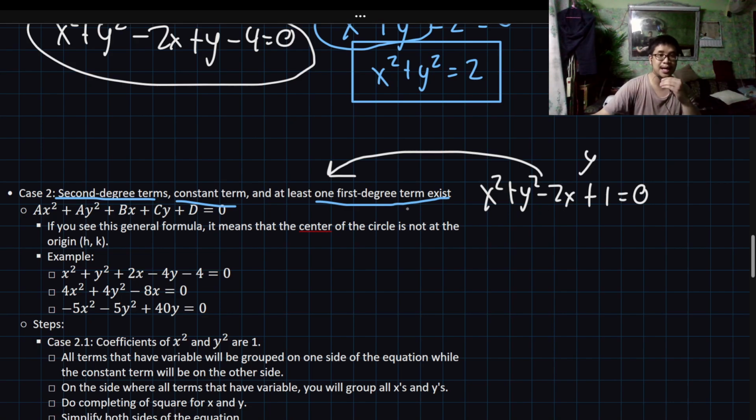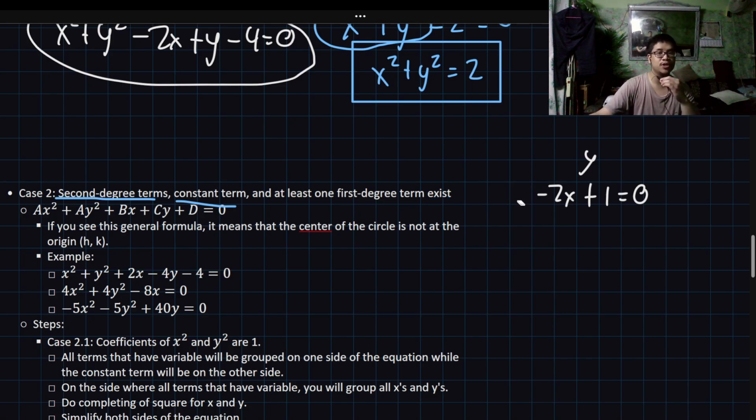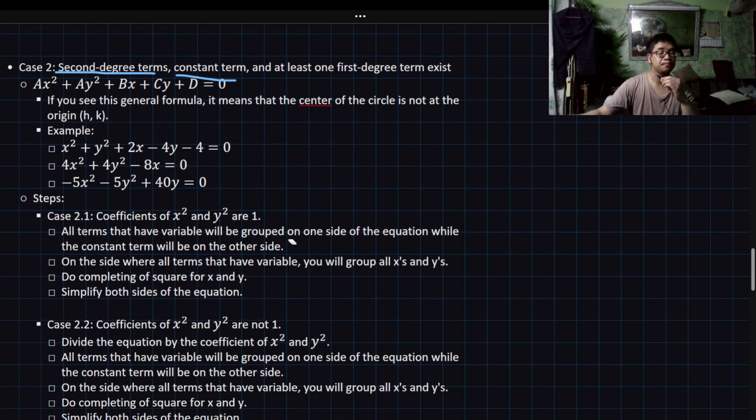Again, at least one first degree term exists. Meaning, it could be x, it could be y, or both of them exist, x and y. But let's go back. What are we going to do if there's x, y, or both of them?